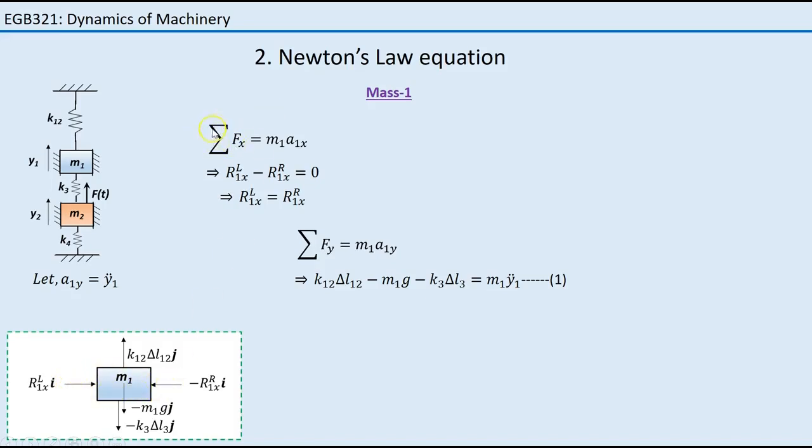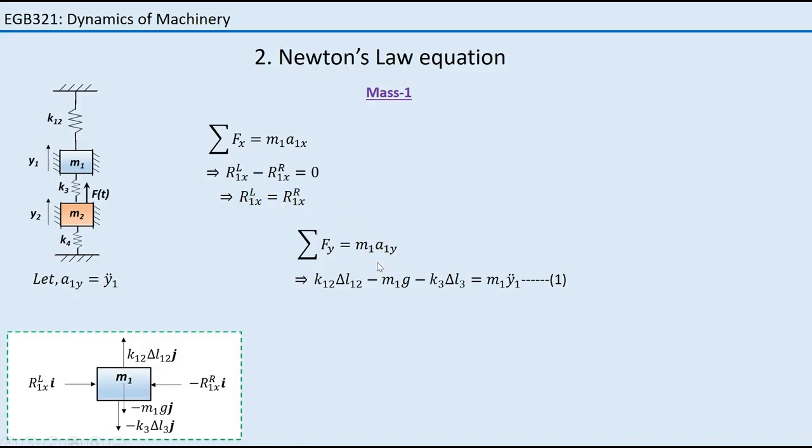So if we write this equation, summation of Fx equals M1 times acceleration in x direction, this acceleration will be 0. So substituting this value, we get the right hand side reaction equal to the left hand side reaction.